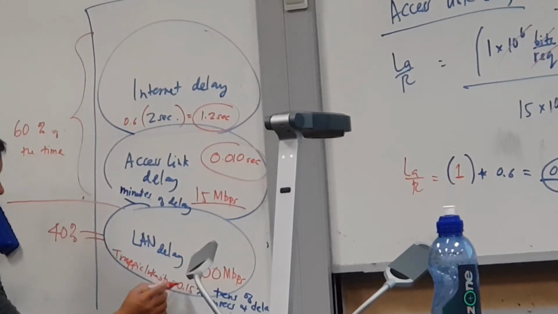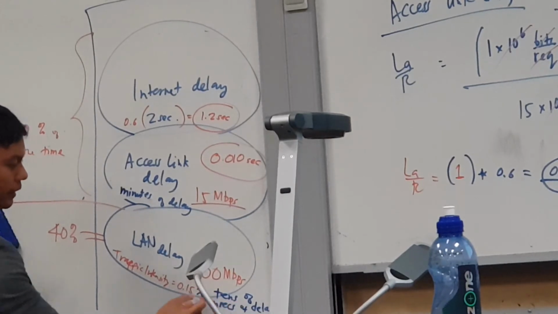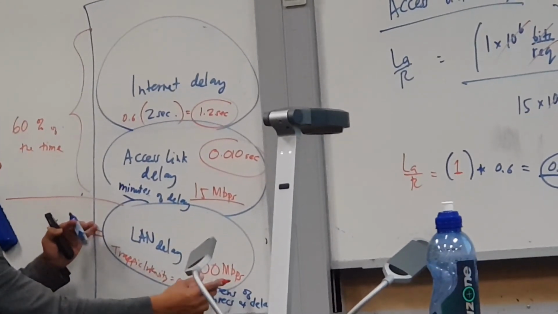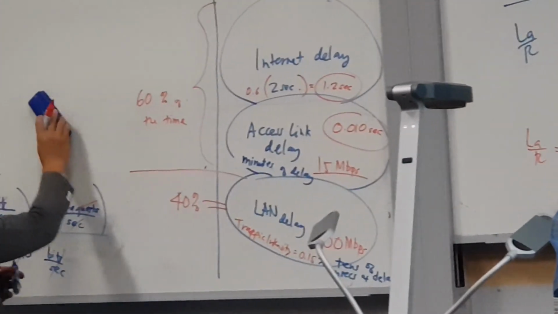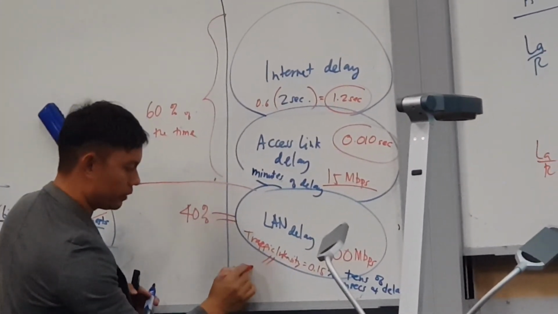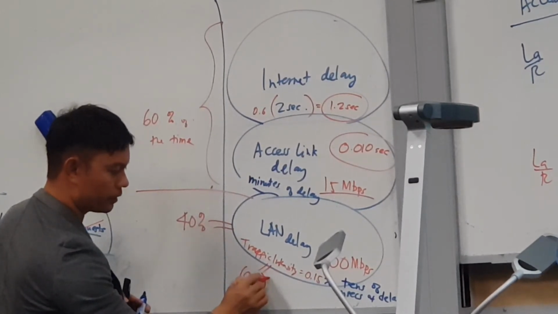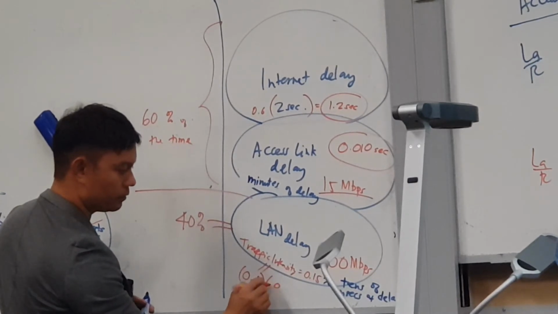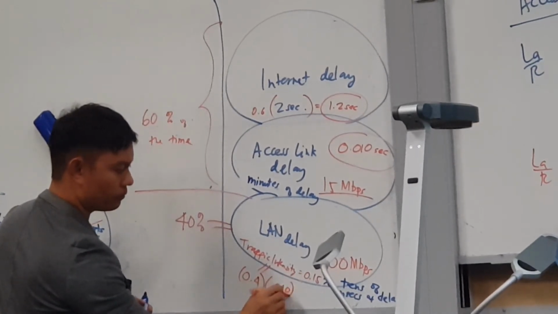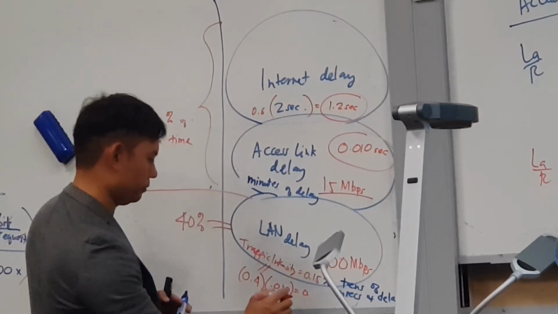So here, we know that this is going to incur tens of milliseconds if used 100% of the time. But it's going to be 40% this time, 40% of 10 milliseconds. It's going to be very small.